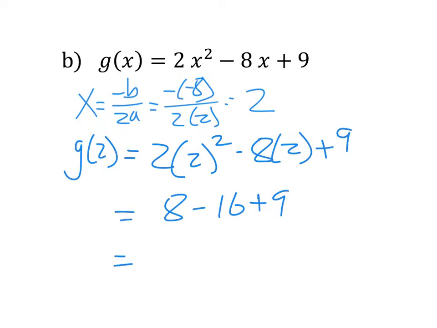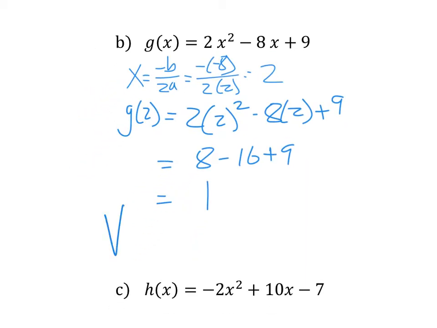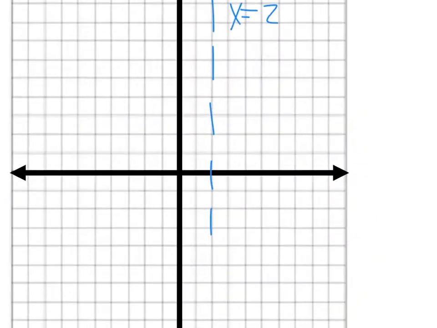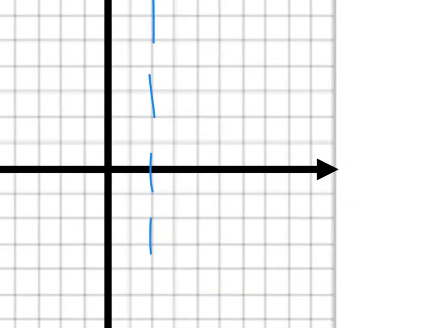And that's looking like 1, right? 17 minus 16, yep. Our vertex is at x equals 2, and when we plug in that 2, we get 1. So the vertex is at 2, 1. So over here, 2, 1.